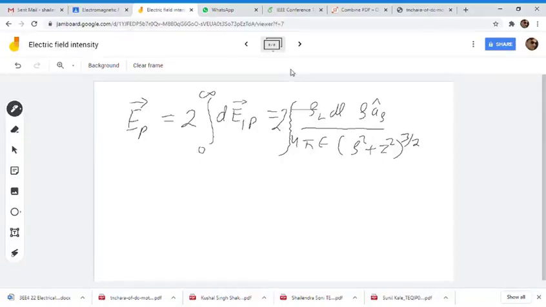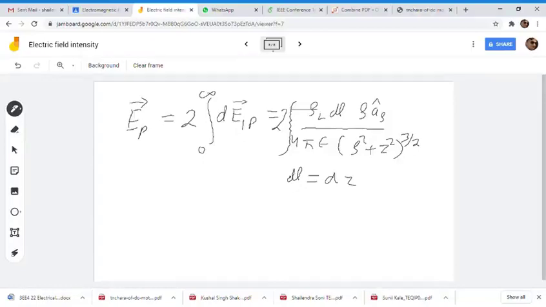So here your dl will be equal to dz. Why so? Because you are considering dl on the z-axis only. So any length you consider will be equivalent to dz.